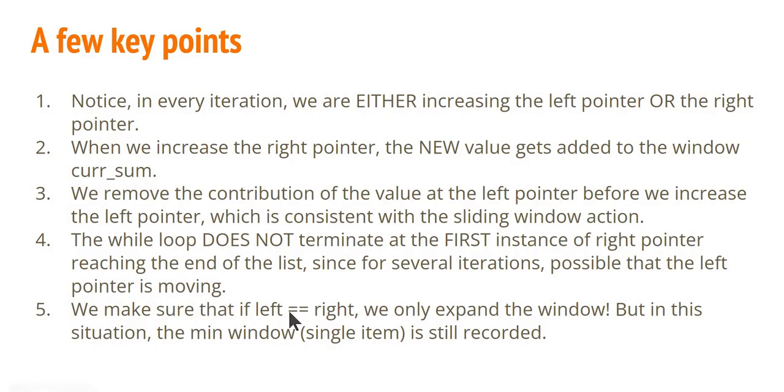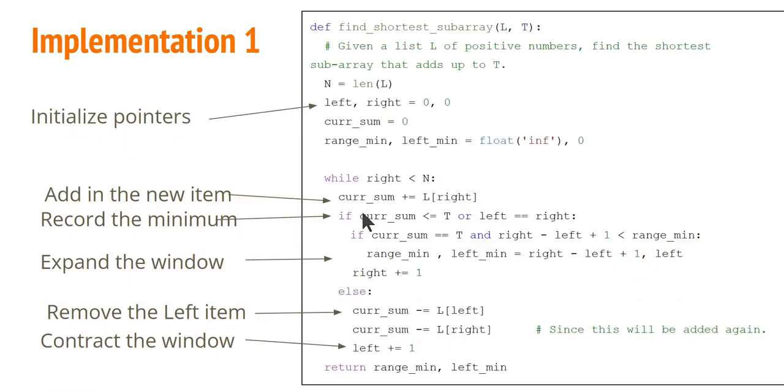We make sure that if left is equal to right, we only expand the window. But in this situation, the min still gets recorded, because notice that if my current sum is less than or equal to t, or my left is equal to right, so if current sum is equal to t, anyway I'll come in here and record the window. Even if left is equal to right, we will come and check this still. So this condition is important, otherwise the code won't work correctly.